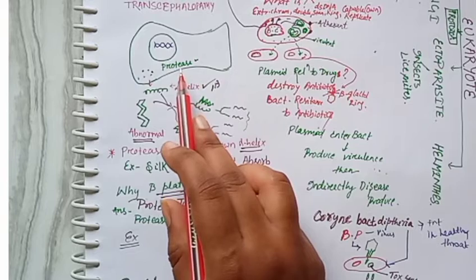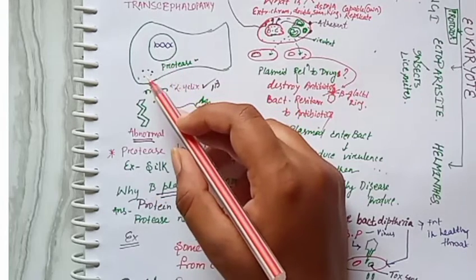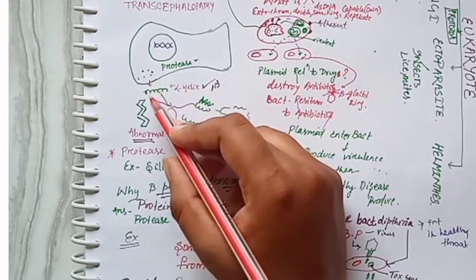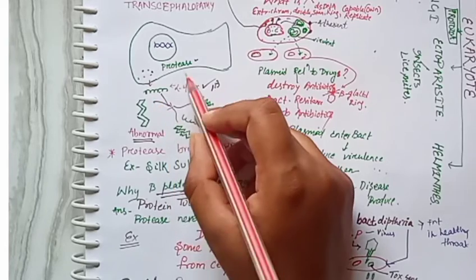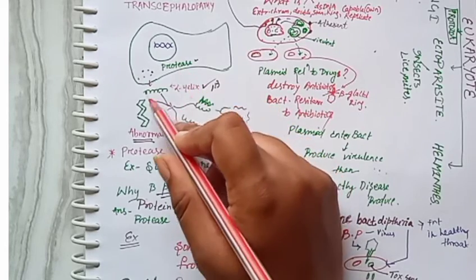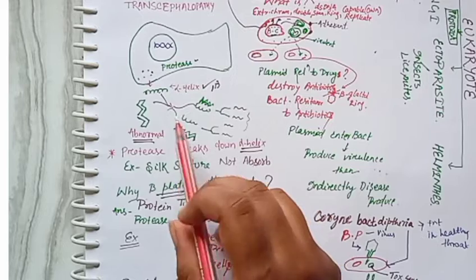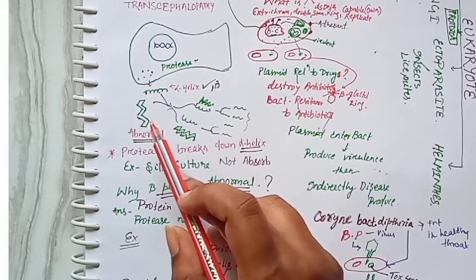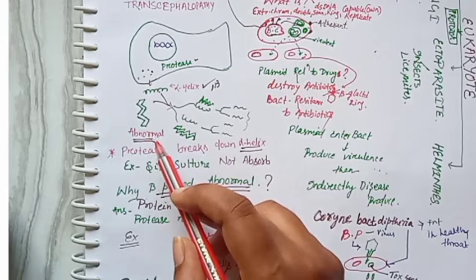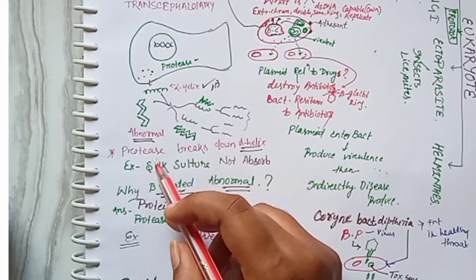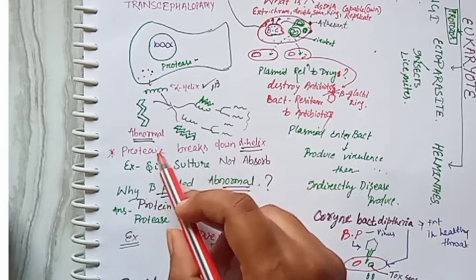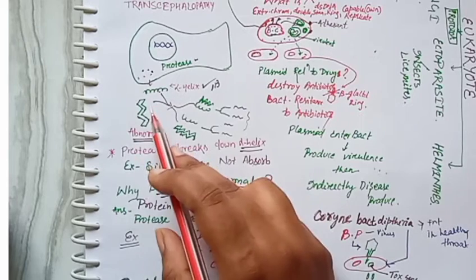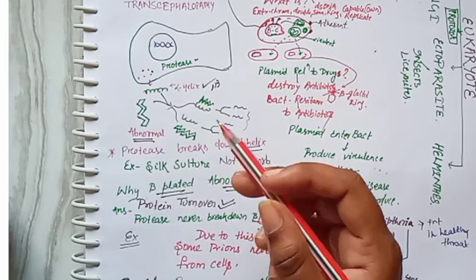Because they are abnormally rearranged chains which cannot be broken down by the protease. That's why they are not degraded, and when they are not degraded, they remain in our tissue or in our cell or in our body in stored form. That's why this becomes abnormal and is deposited in our tissue.